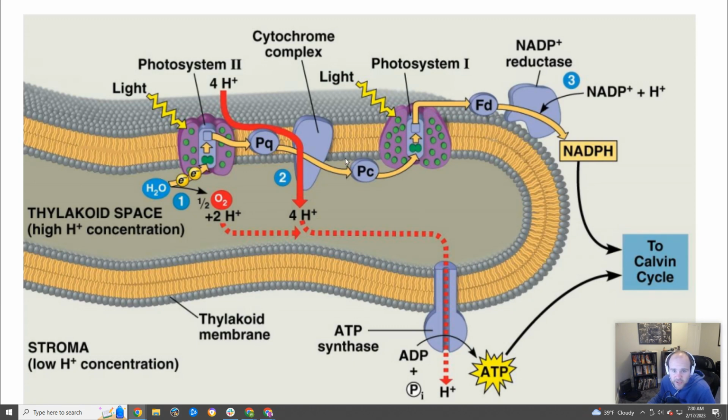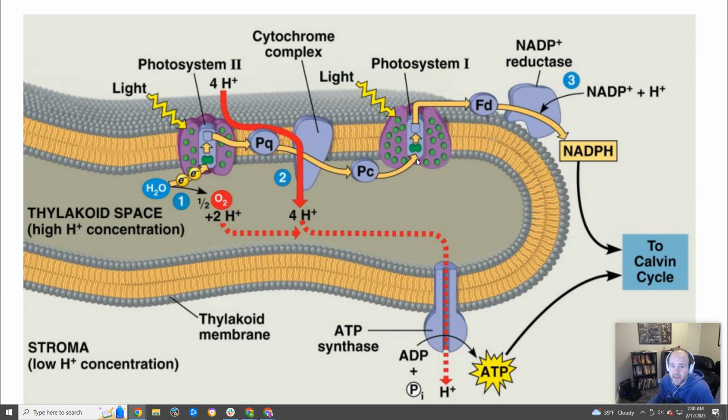The electron transport chain through these cytochrome proteins is going to catalyze the movement of even more hydrogen ions into this thylakoid space from the stroma. And now we're going to have a really high concentration of these, and those will continue to fall through ATP synthase, spinning that protein and generating ATP that we'll get to utilize in the Calvin cycle.